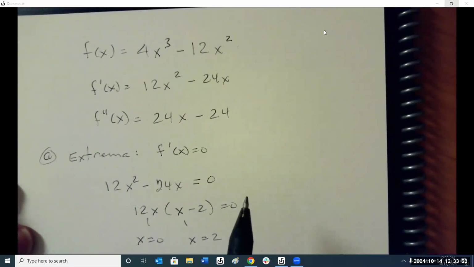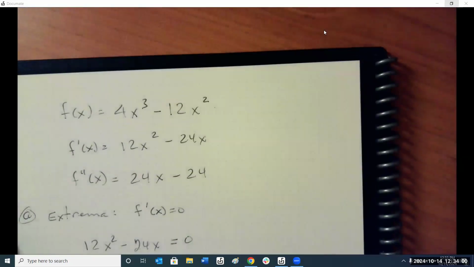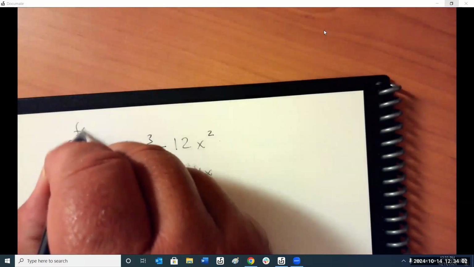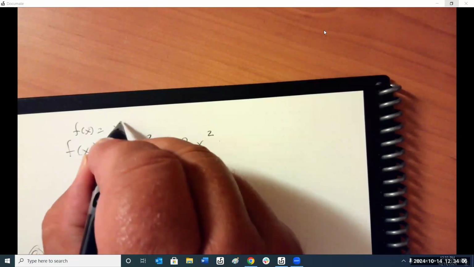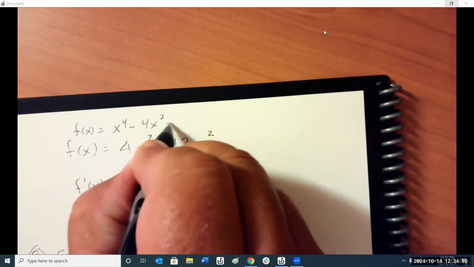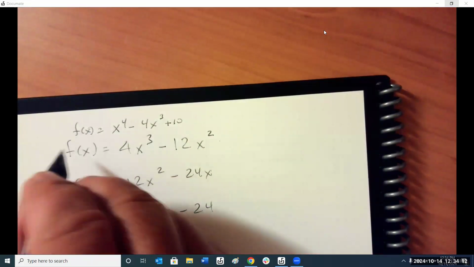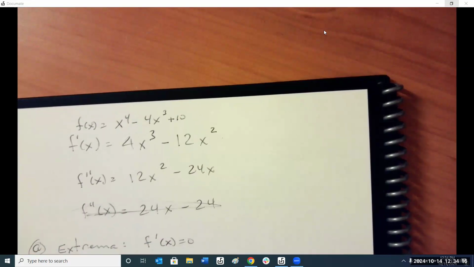Wait, the original function was x to the fourth minus 4x cubed plus 10. So that's the first derivative, and this is the second; I don't need that part.